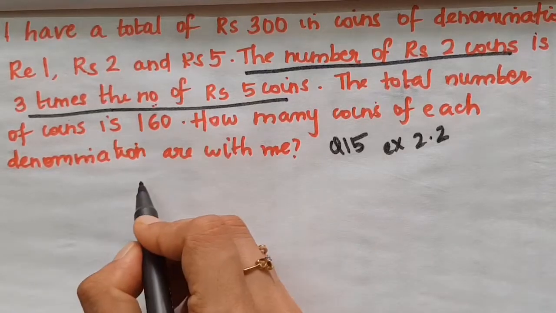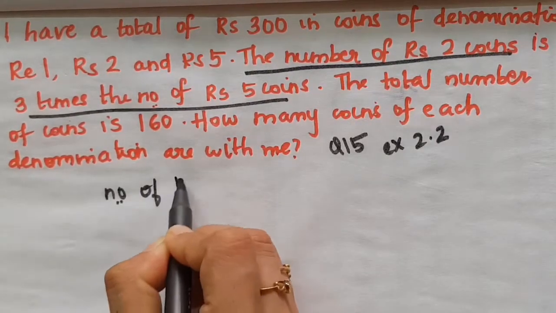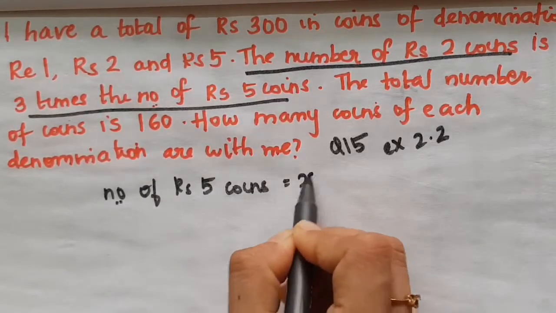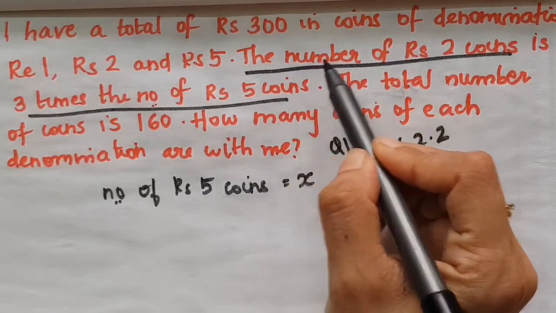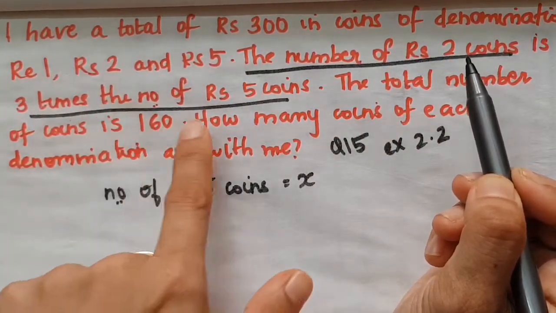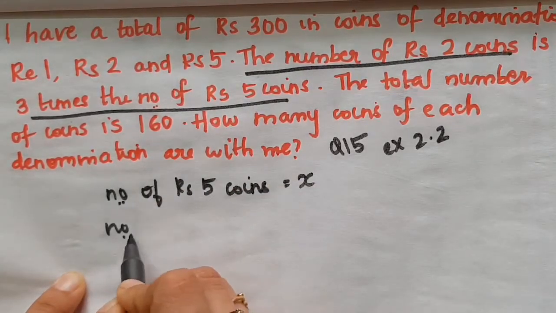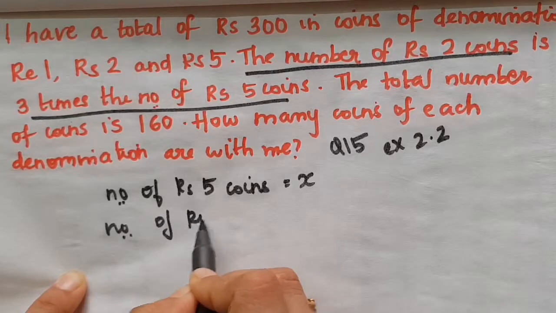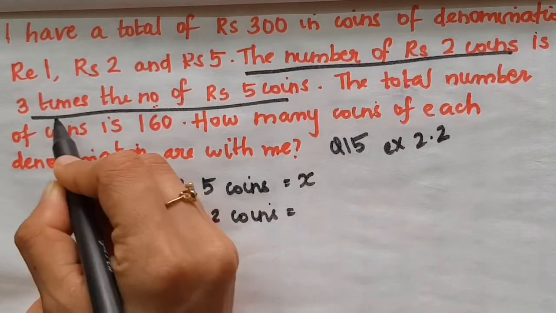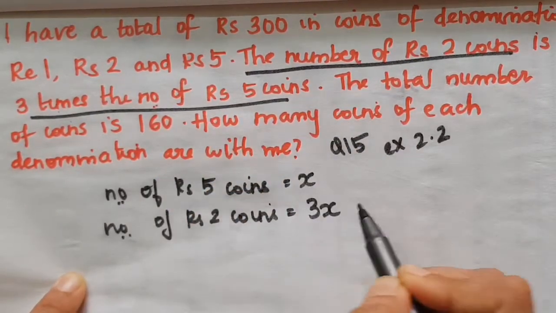So you will take the number of rupees 5 coins as x, and the number of rupees 2 coins is equal to 3 times the number of rupees 5 coins.